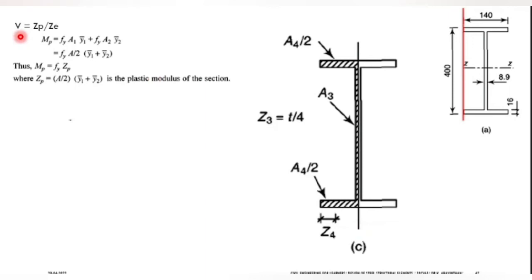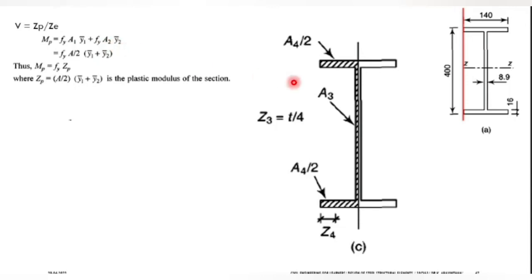So V equal to ZP minus ZE. This concept you already know, that this is the general formula. What do you mean by MP? Plastic moment is Fy A1 Y1 bar plus F2 A2 Y2 bar. If I am cutting this section into two halves, with only top and bottom parts, I can use A1 Y1 and A2 Y2.